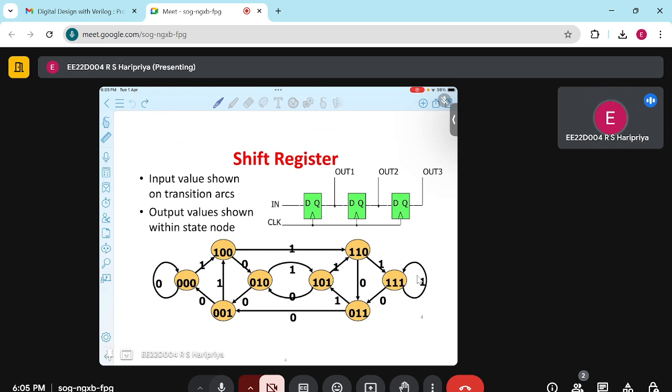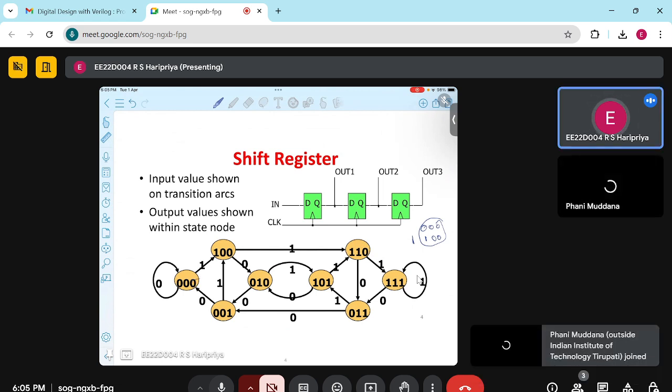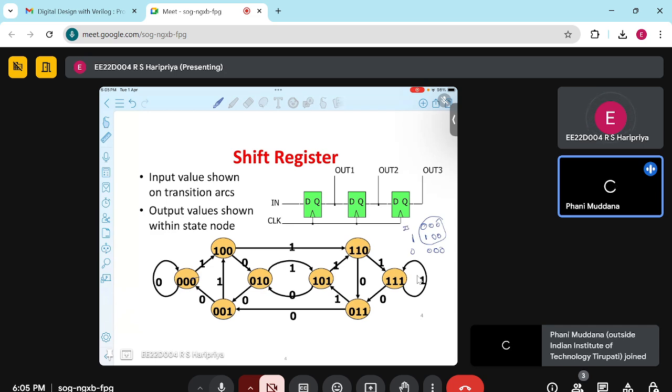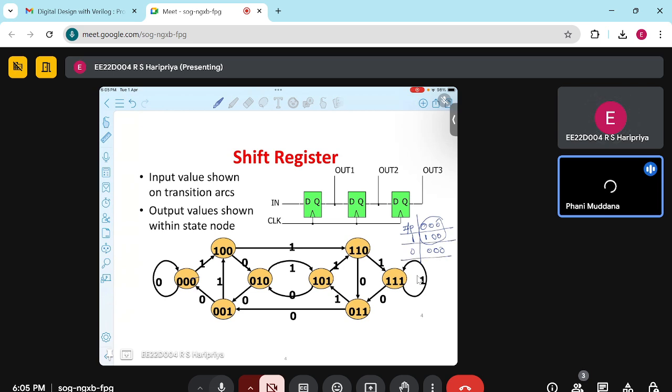Say the shift register from this state: if the input is 1, then the value will be this one. If the input is 0, then it will be this, right, as the next state.